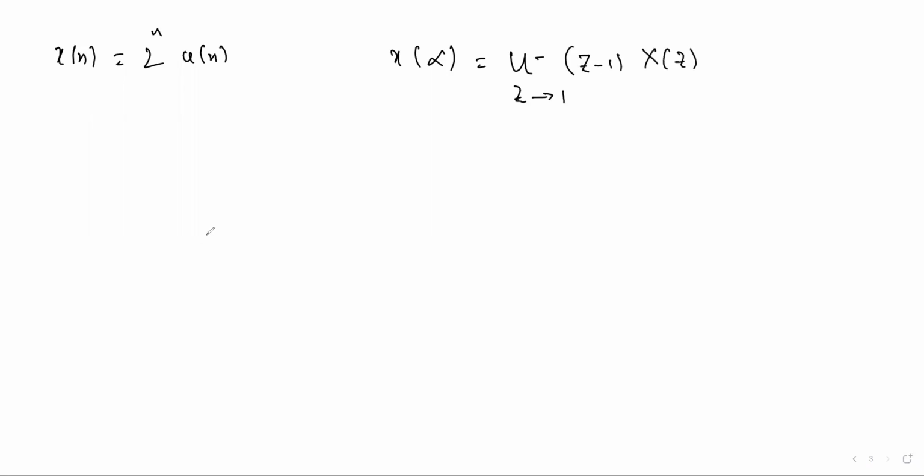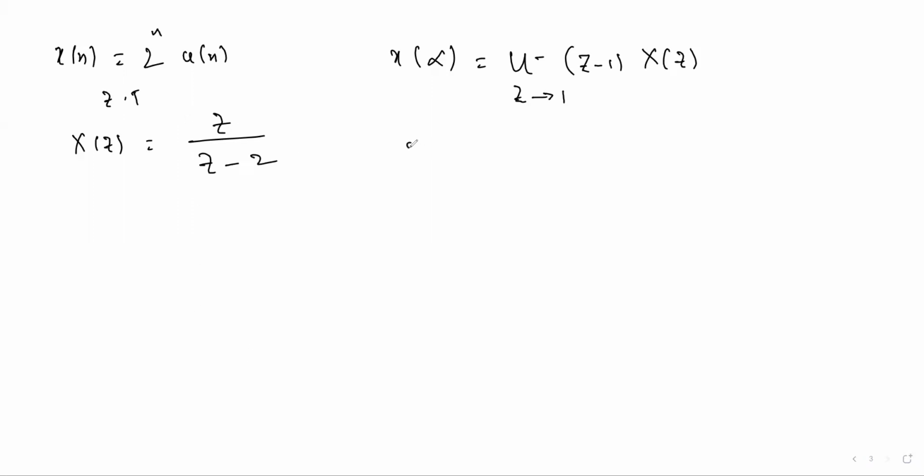A signal x of n is equal to 2 to the power of n u of n. Final value theorem says that x of infinity should be limit z tending to 1 of z minus 1 into x of z. And the z transform of this function, x of z, is z upon z minus 2.